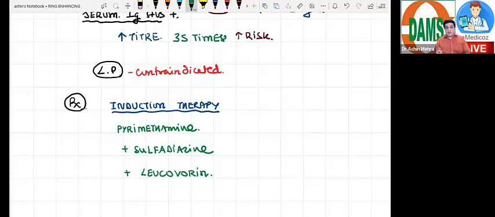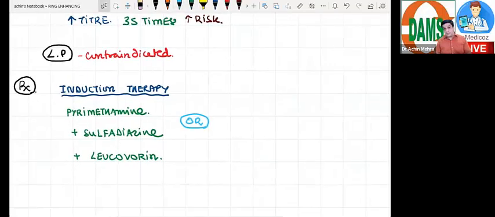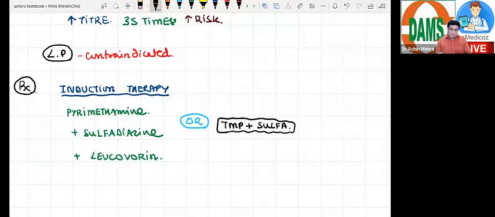So these are the drugs that we offer for therapy in these patients. But if at all you don't find these drugs around, what is the alternative therapy for them? Yes, something that you use very often, trimethoprim and sulfamethoxazole. So the trimethoprim-sulfamethoxazole combination is also found to be equally good, right?